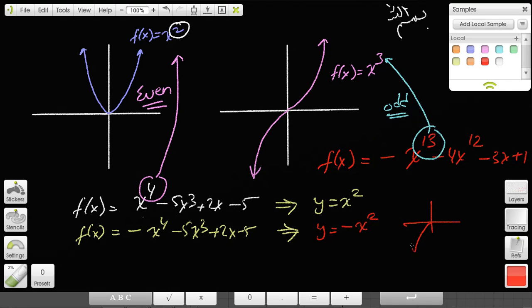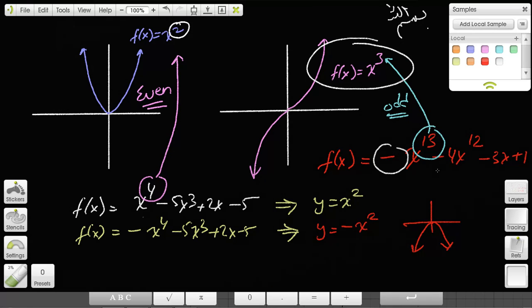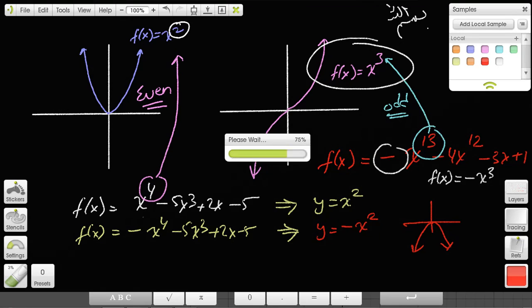It's going to look like this. Do you follow? Since this is also negative, the end behavior of this function is not going to be this. It's going to be f of x equals negative x cubed. Okay, that's important.